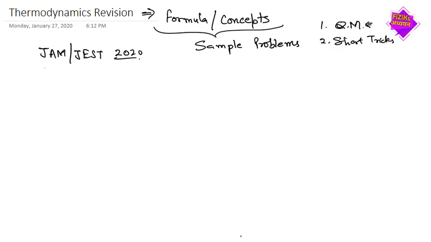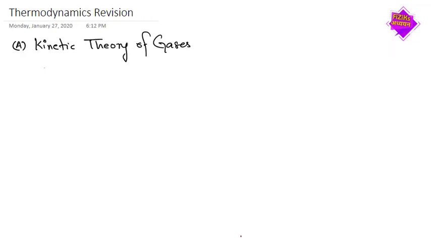So let's start with a discussion on the kinetic theory of gases. When we study the kinetic theory of gases in thermodynamics, the first thing we deal with is the behavior of ideal gases in a container or a closed box. The first quantity that we calculate is the pressure exerted on the wall.